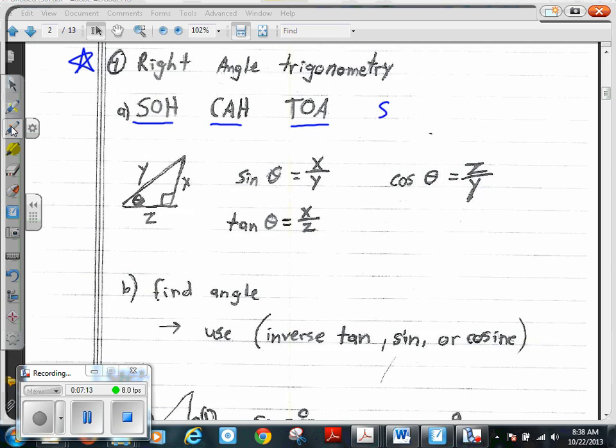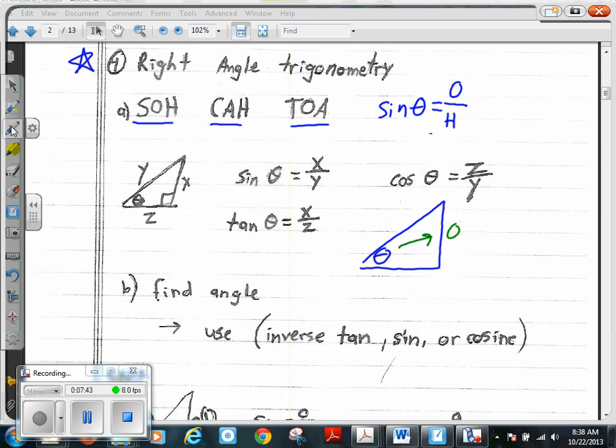So, first one is sine of theta. Theta is just a generic term for any angle. The sine of theta is equal to the opposite length over the hypotenuse length. Okay? So if we're looking at a right triangle here, and this is theta, the side opposite of theta is called opposite.